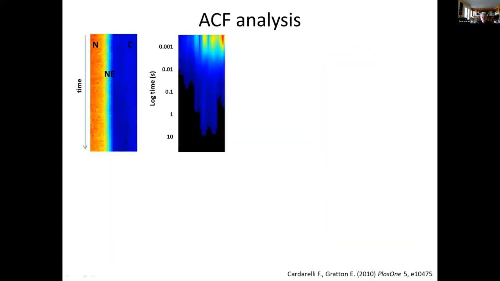So first of all, this is the nucleus, which is very bright, this is the cytoplasm, and this is the nuclear envelope. If we do a simple ACF analysis, we see that here it will be larger because there are fewer molecules, and here it will be smaller, but it's essentially a continuous function.